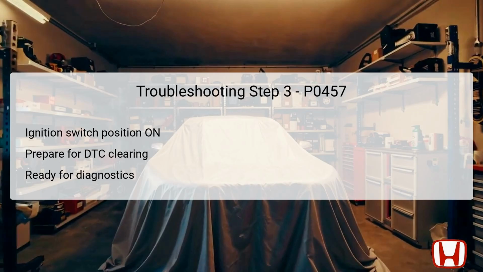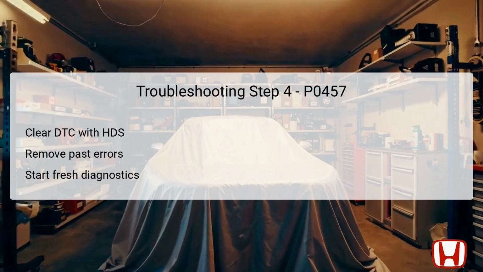In this state, all necessary vehicle data are accessible, and it allows technicians to clear any previously recorded diagnostic trouble codes. After ensuring that the switch is correctly set to on, you are ready for the next step, which involves clearing the DTC to proceed with necessary tests.